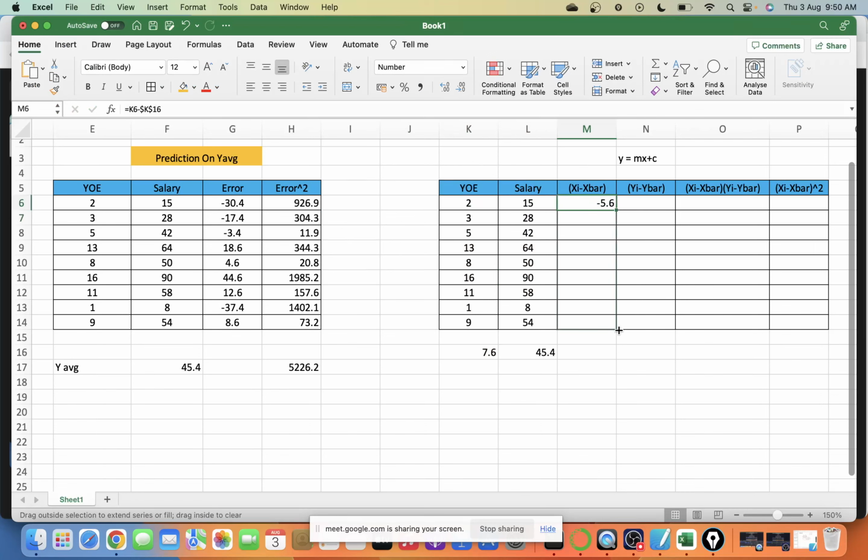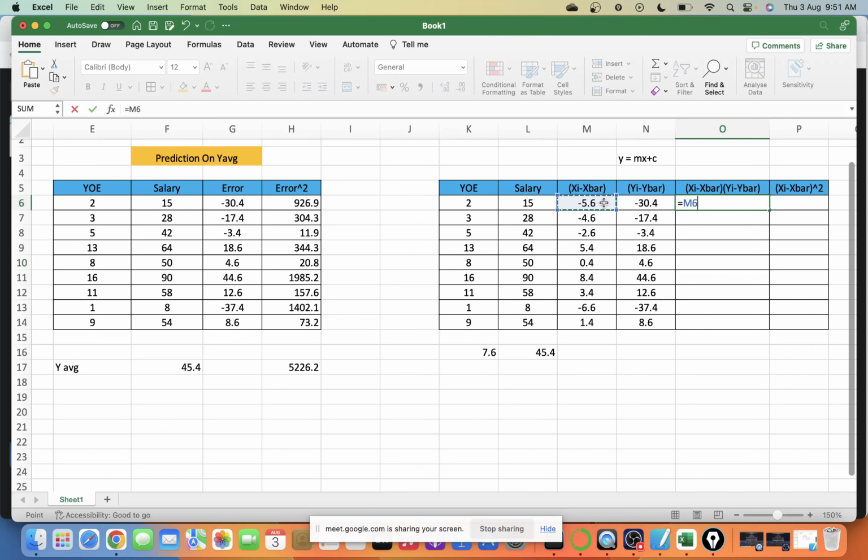We'll drag it down and we'll have all the values. Then for the y bar, this is the one, and we'll minus this one, and make it fixed. Done. Then we have y minus y bar. We'll float it. Now we will multiply both.